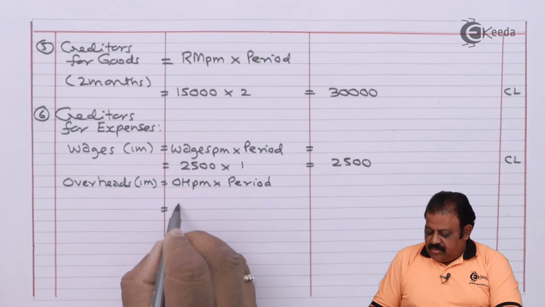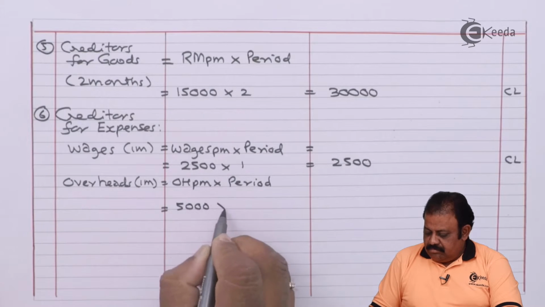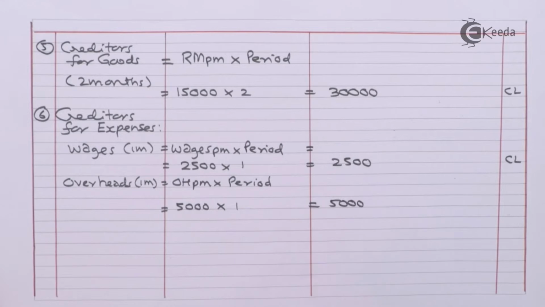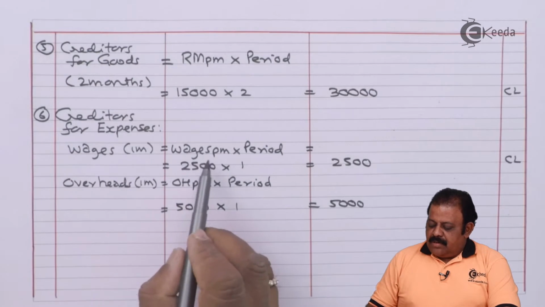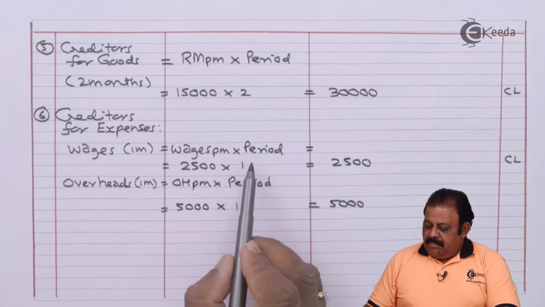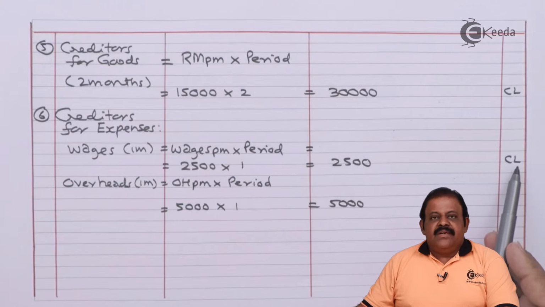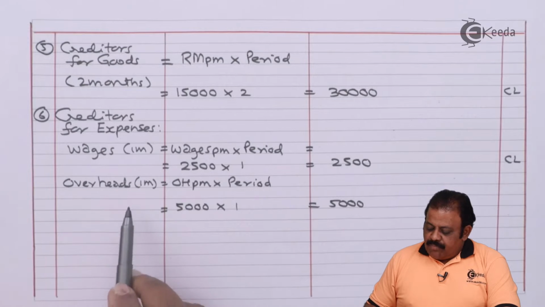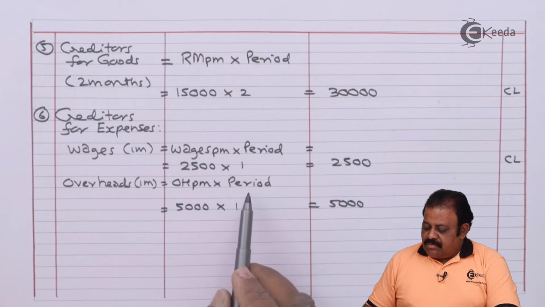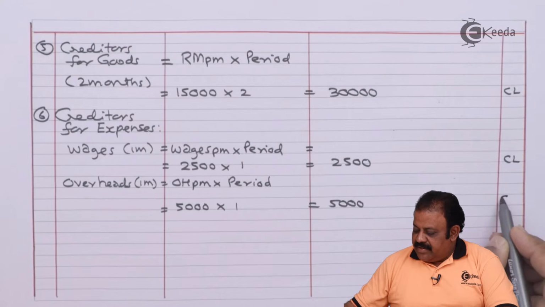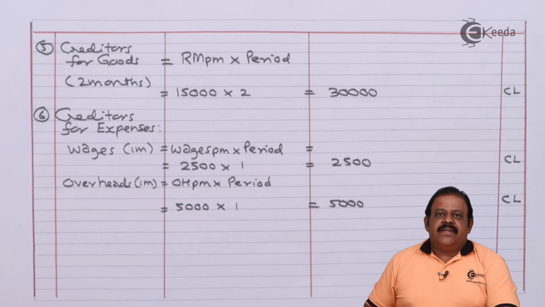Overheads per month 5,000 multiplied by period 1 month. Wages per month 2,500. Period 1 month, 2,500 multiplied by 1, 2,500. It will be part of current liability. Overheads per month 5,000. Period 1 month. So it is 5,000. This will be treated as current liability.